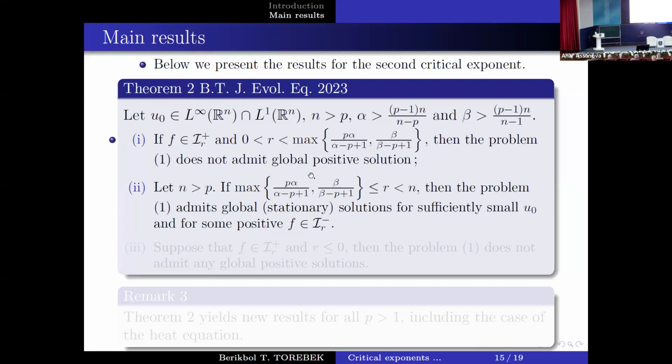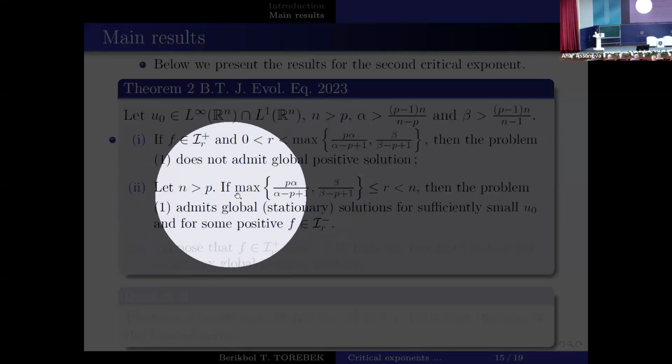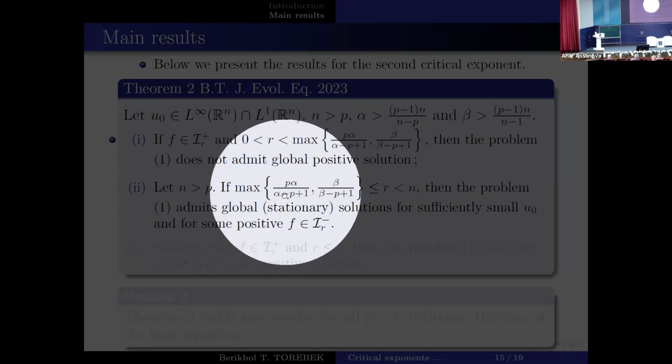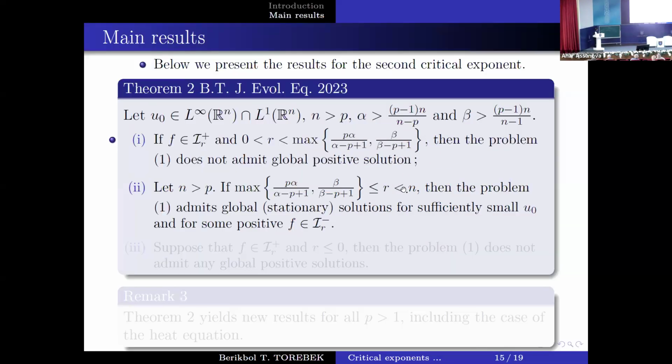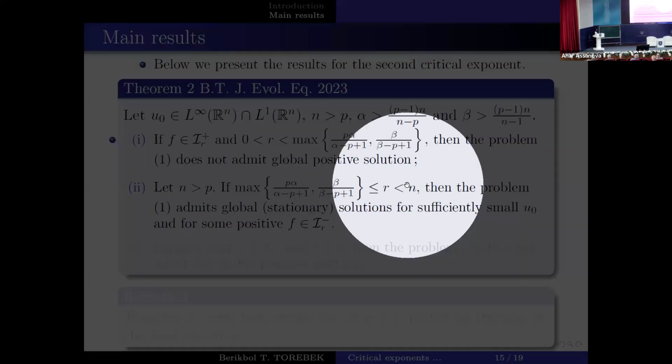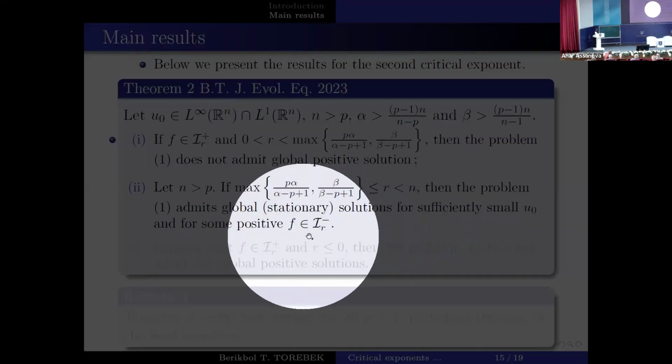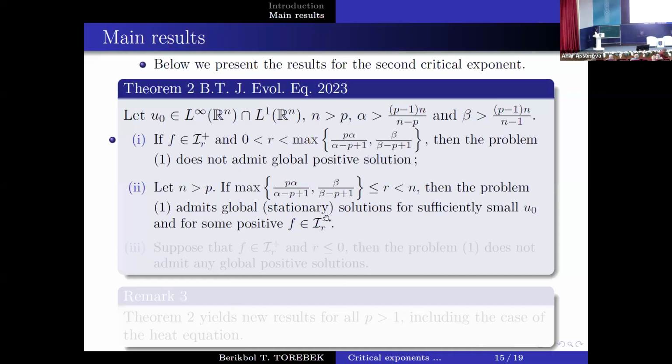And in the second case, if n is greater than p, and the maximal value of these numbers is less than r, but r is less than n, then problem 1 admits a global solution for sufficiently small initial data and some positive forcing term from this set.